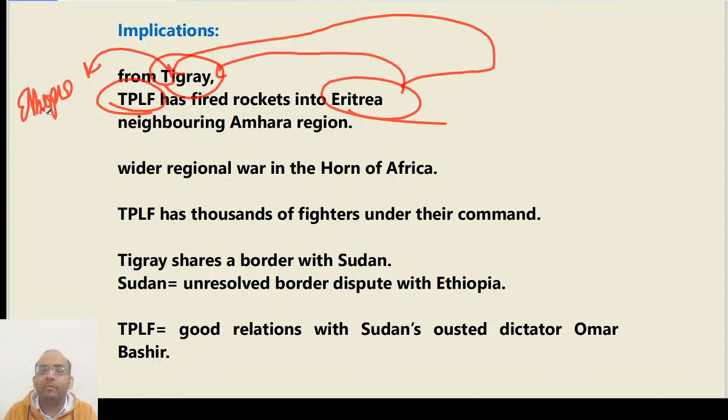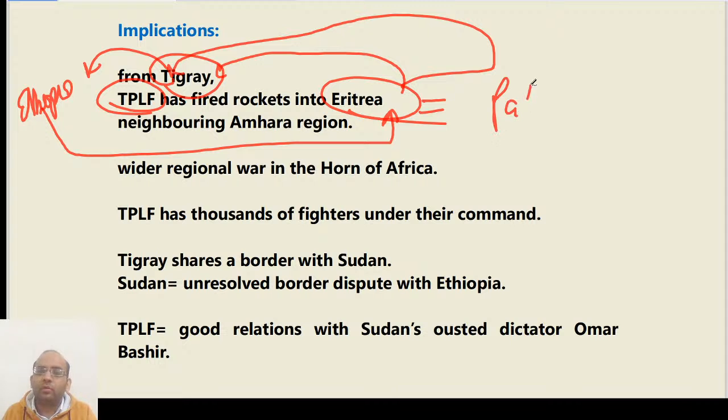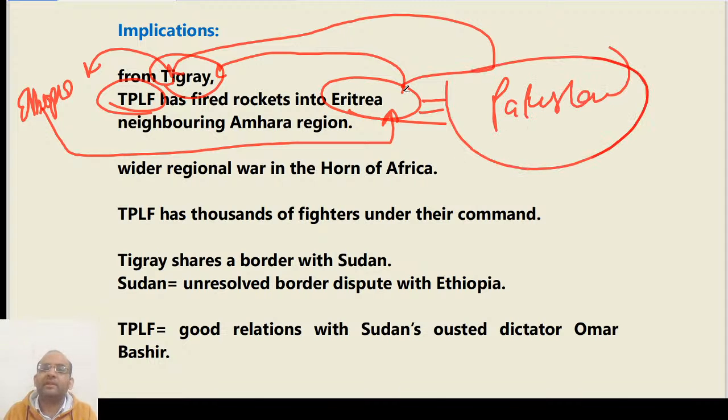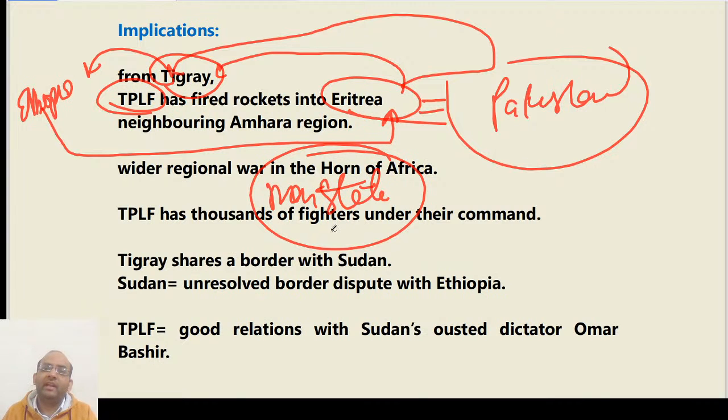So Ethiopia may counter-attack Eritrea. So again, the relationship between Ethiopia and Eritrea would get deteriorated. If you do not understand it, let me give you an example. Whenever we want to establish a good relation with Pakistan, what happens? The non-state actors like Jaish-e-Mohammed, Lashkar-e-Taiba, etc., get unhappy.